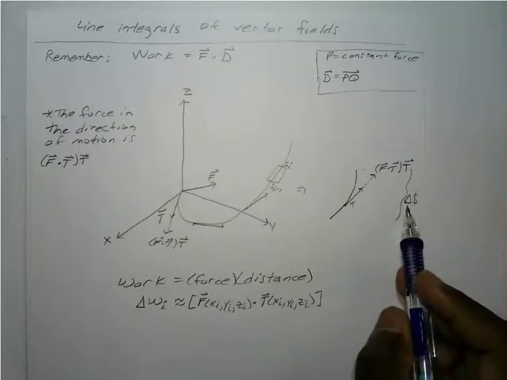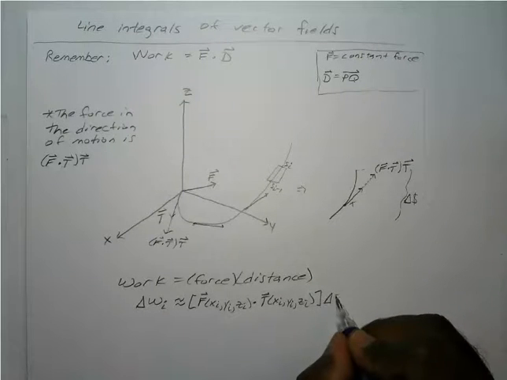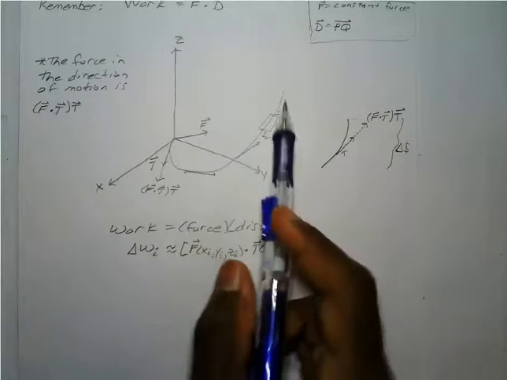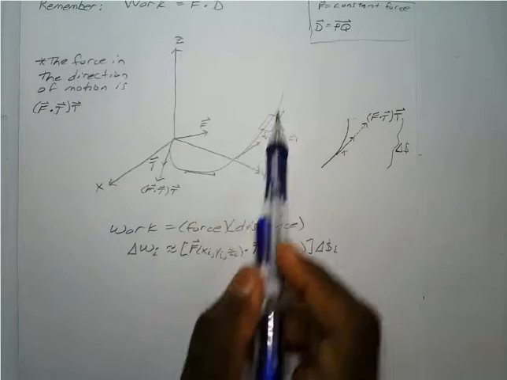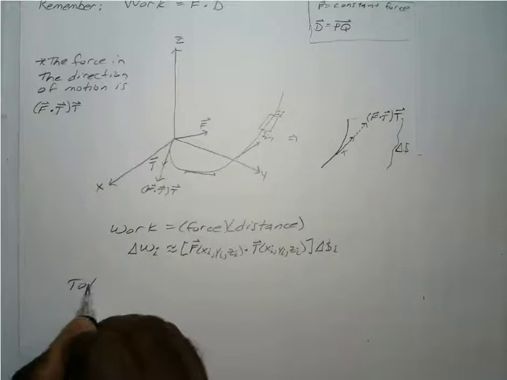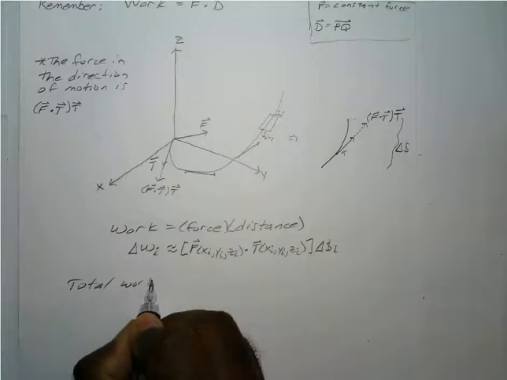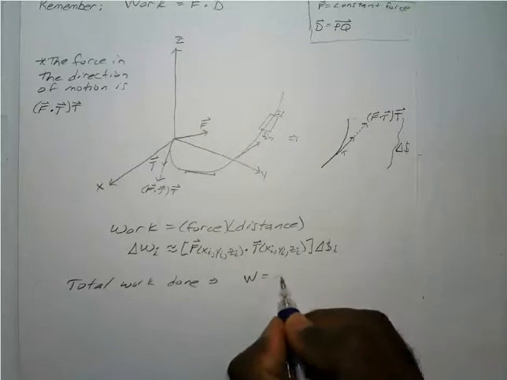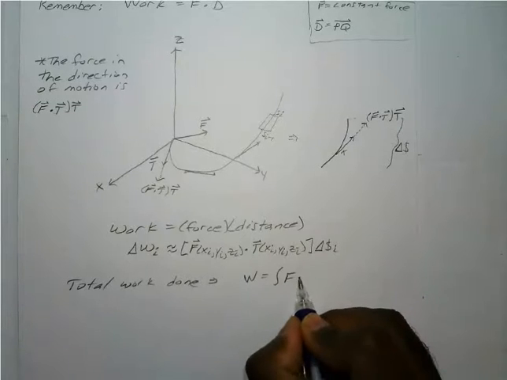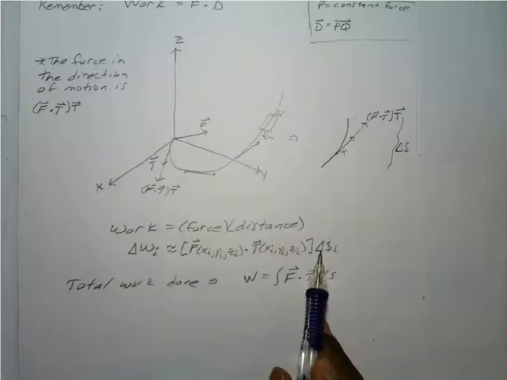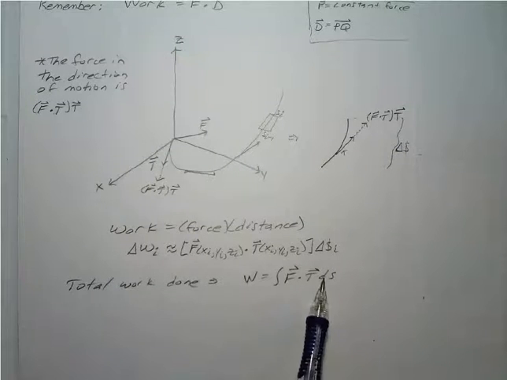And our distance is, of course, our delta S at that particular point. Okay, so now the total work done would just be adding all of those little delta S's up. So our total work done, work will equal the integral of that dot product and our delta S, which of course is our ds.